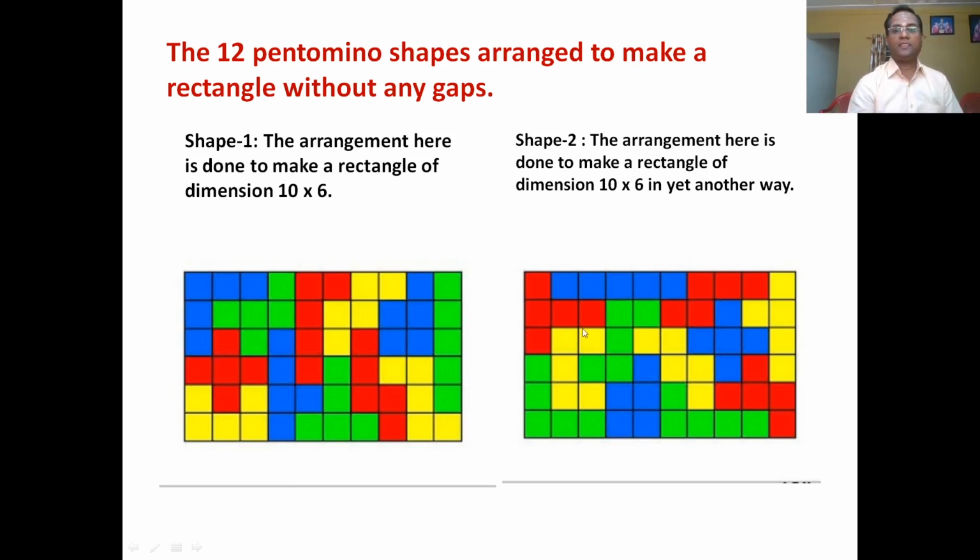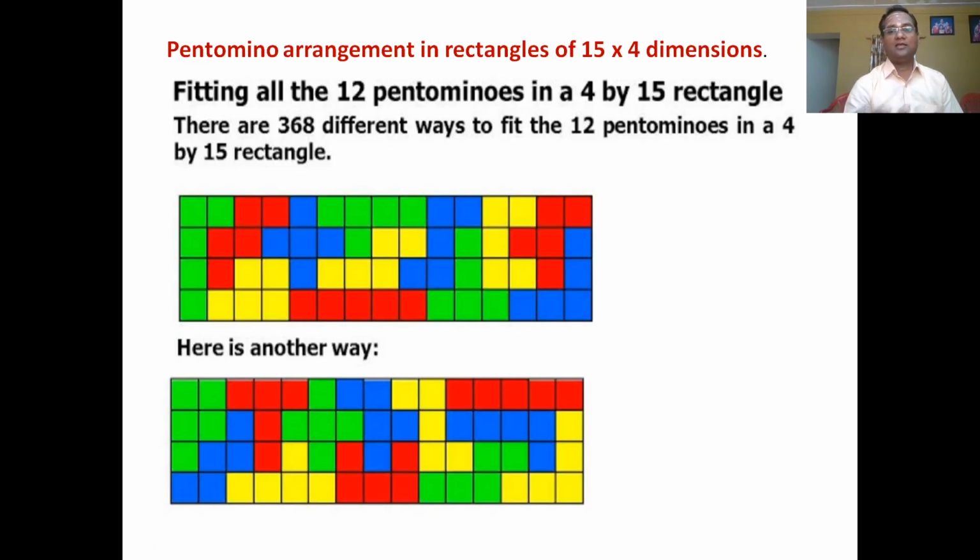Here again you can see this is a different arrangement. Okay, since you can see here I have used a yellow, that is U shape, but the U shape has gone inside. So the total arrangement has changed here, but still I can make another rectangle whose dimension is 10 into 6. Okay, see here I have made 2 more arrangements here for you.